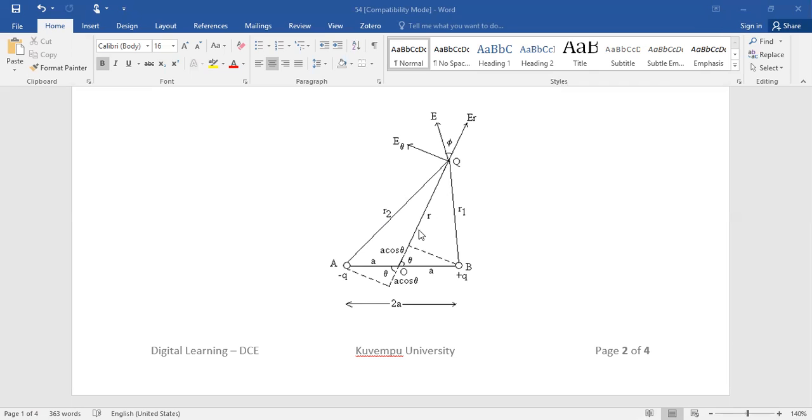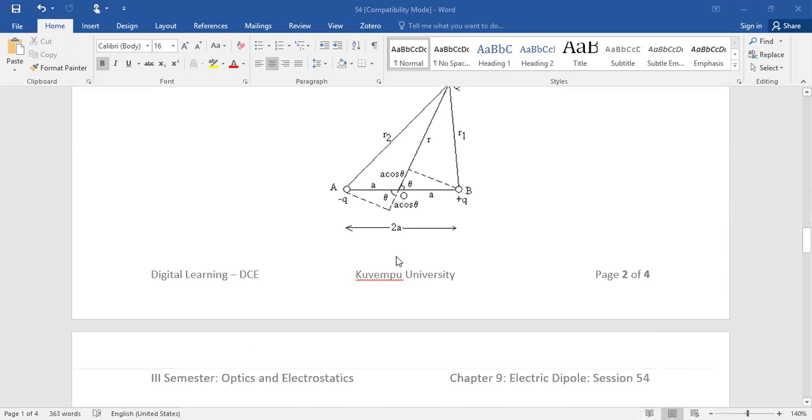Here R is up to the center, and further a cos theta. R plus a cos theta gives the R2 distance. So R1 is equal to R minus a cos theta, and R2 is equal to R plus a cos theta.